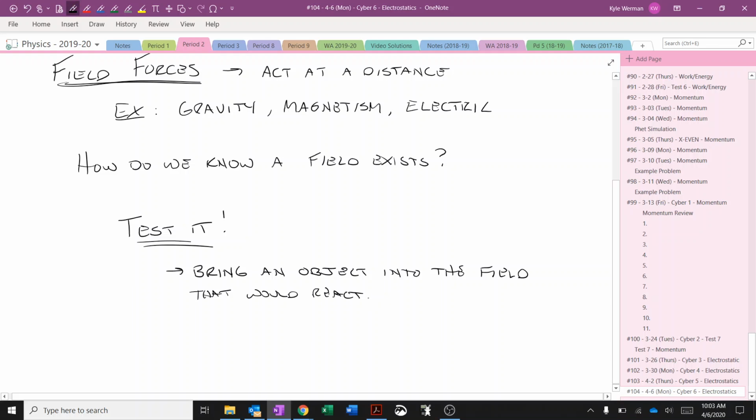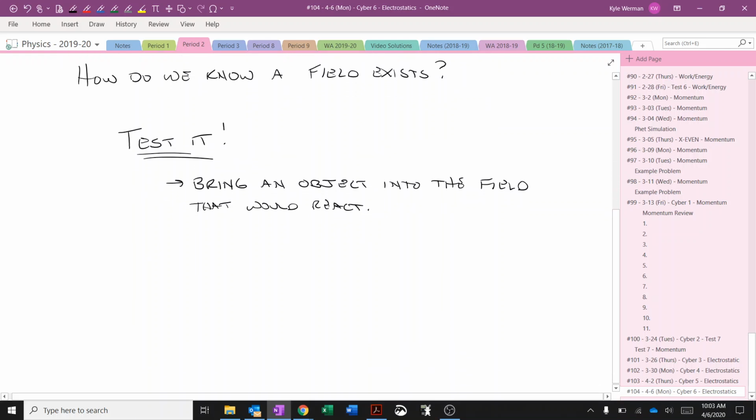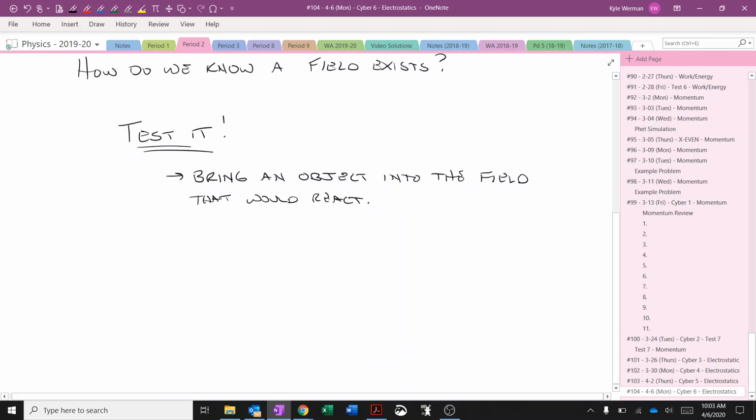And so depending on the kind of field we have, we have different things we can test, right? So if we're talking about a gravitational field, if we're dealing with gravity, what do we need to bring into that field in order to test it? Well, what reacts in a gravitational field? Well, we need to bring mass into the field. Any mass brought into a gravitational field would be attracted.